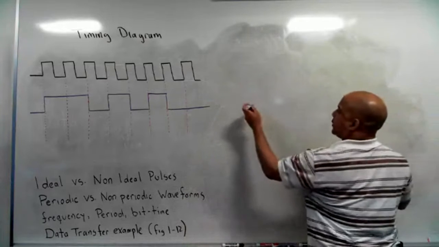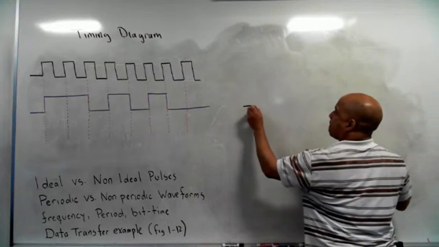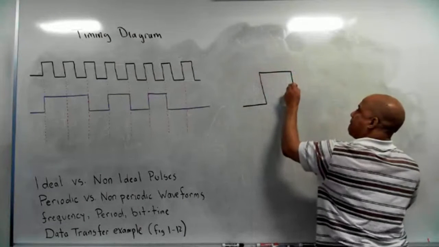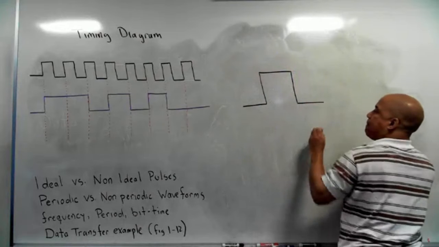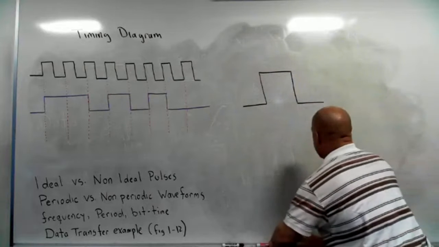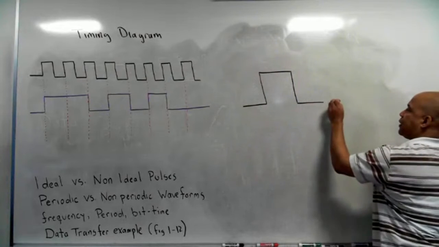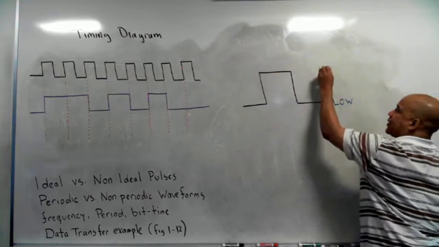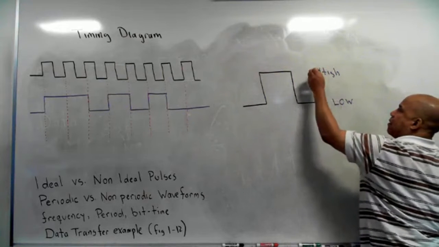So one looks like this. This is the low value of voltage, and this is the high value of voltage.